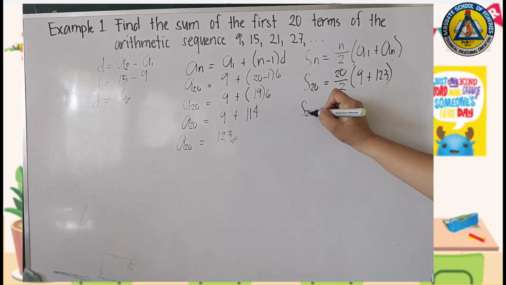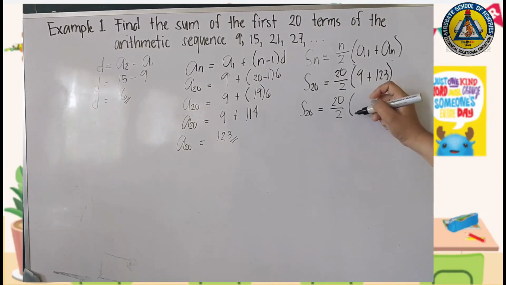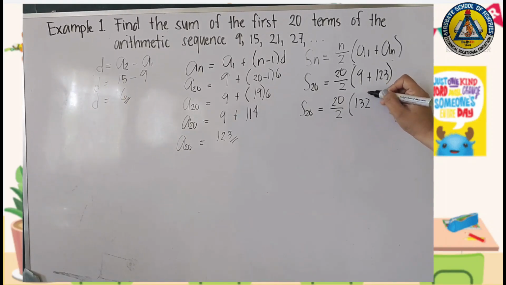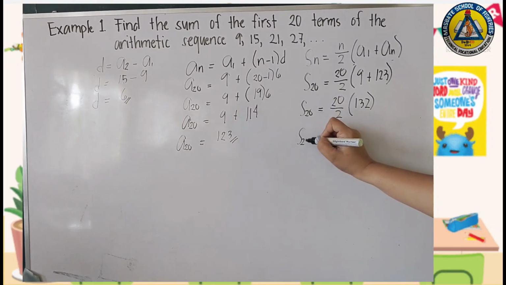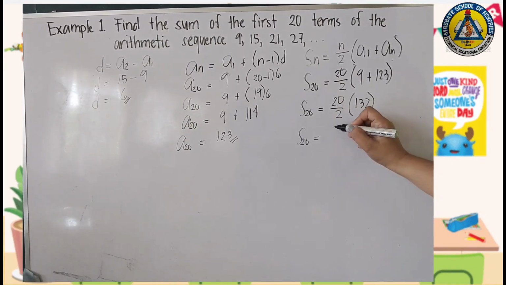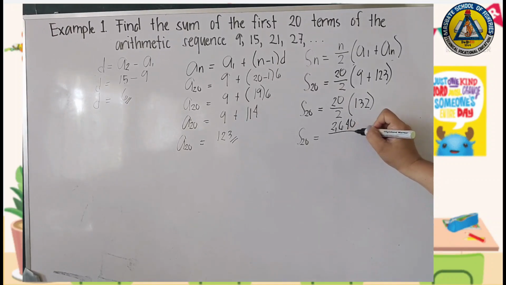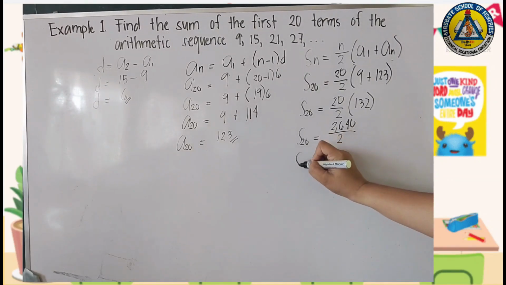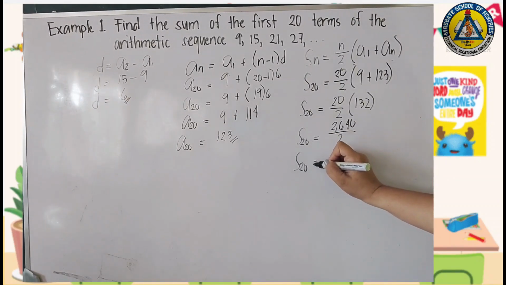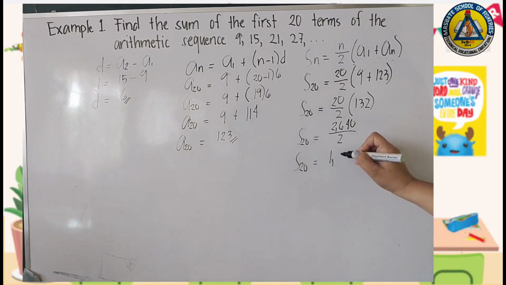So, S sub 20 is equal to 20 over 2 times 9 plus 123, which is 132. This is now equal to 20 times 132, which is 2,640 divided by 2. Therefore, the sum of the first 20 terms of the sequence is equal to 1,320.